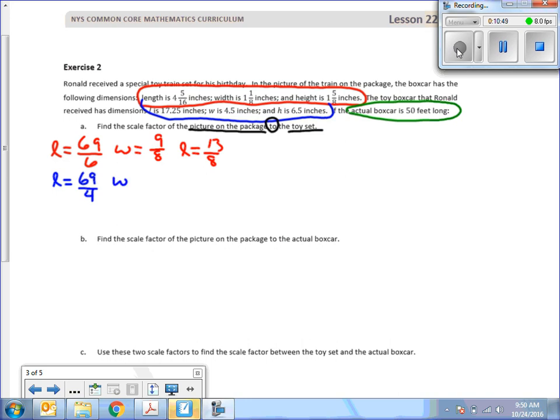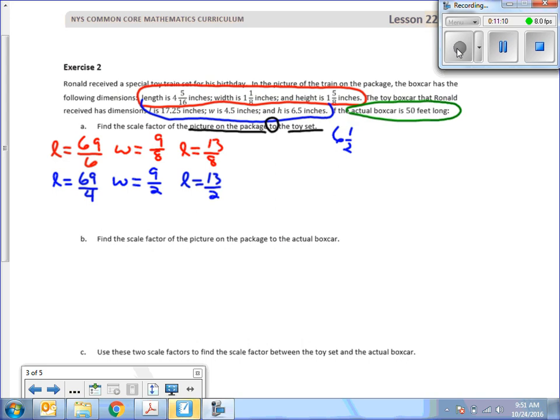The width of the toy is 4 and 1/2, which is 9 halves. 4 times 2 plus 1. And the height is 6.5, which is 6 and 1/2. 6 times 2 is 12, plus 1 is 13 over 2. Now we have all these improper fractions.